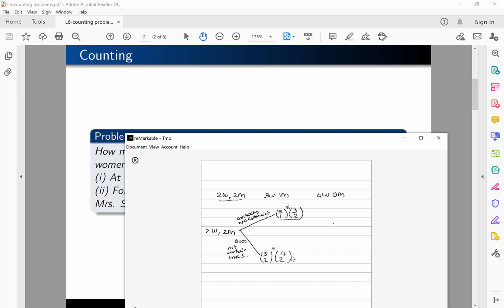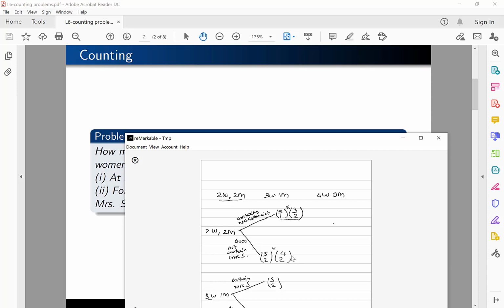Now if I look at the possibility of 3 women and 1 man, again I have these 2 possibilities: it contains Mrs. Schmidt, and it does not contain Mrs. Schmidt. If it contains Mrs. Schmidt, we have 3 women, 1 woman is fixed, so out of 5 remaining women we are choosing 2, and we have 1 man.